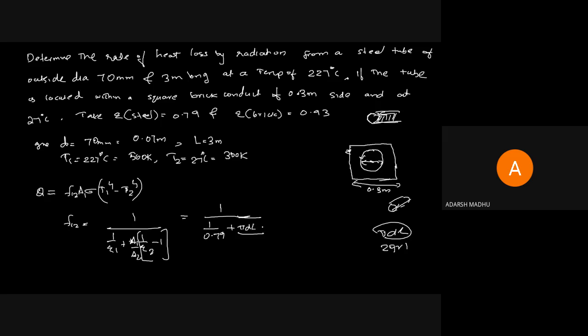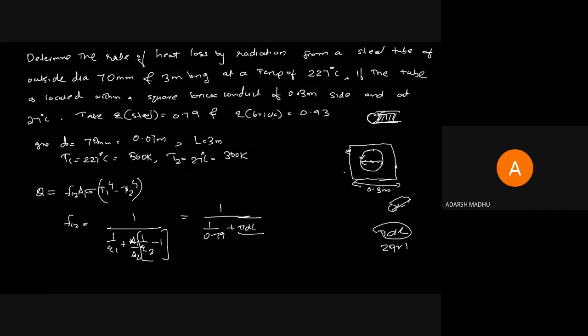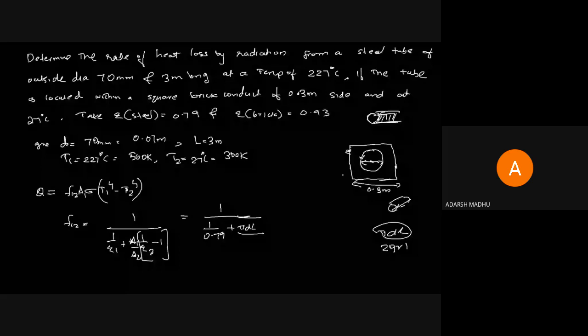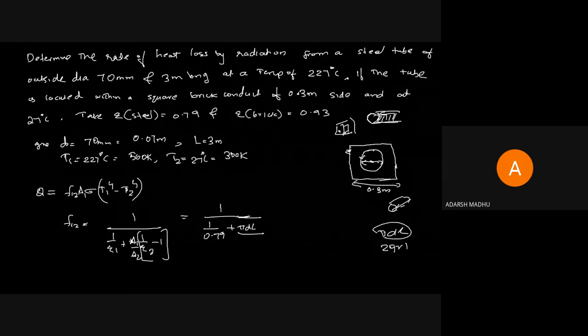Divided by A2. A2 means this particular square, not the cross section area of the square, but the perimeter of the square, the total of the sides. Take it like a cube. This side is the same, this side is the same, this side is the same, this side is the same.